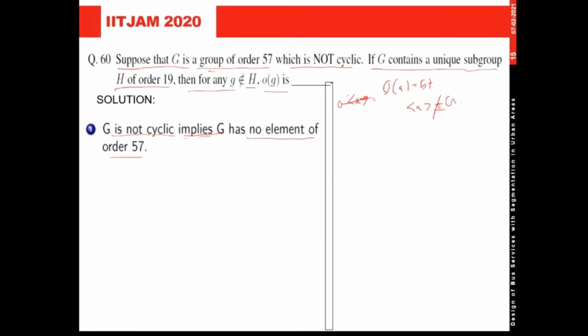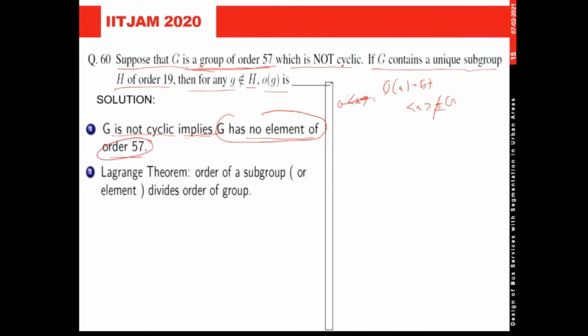But it is given that G is a group of order 57 which is not cyclic. So there is no element in G of order 57. That's for sure. And this is a very important theorem in group theory, Lagrange's theorem.